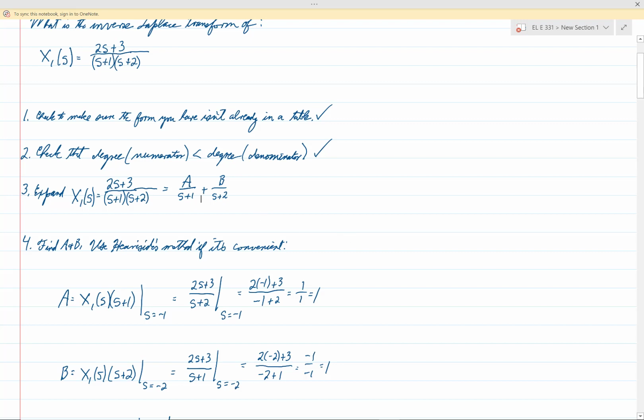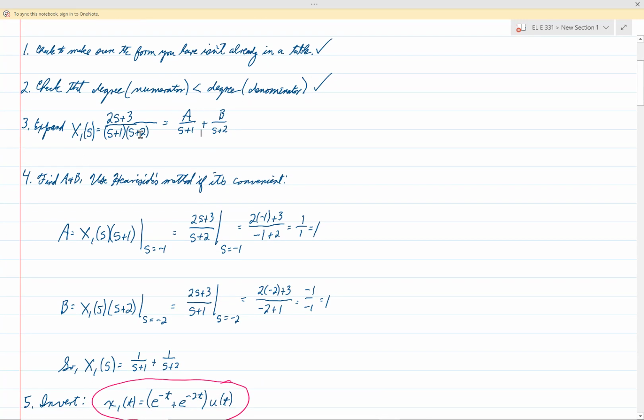And the way it works is the following. Look at this expression right up here. (2s + 3)/((s + 1)(s + 2)) = A/(s + 1) + B/(s + 2). Now, think of what would happen if you multiplied both sides of that equation by s + 1.